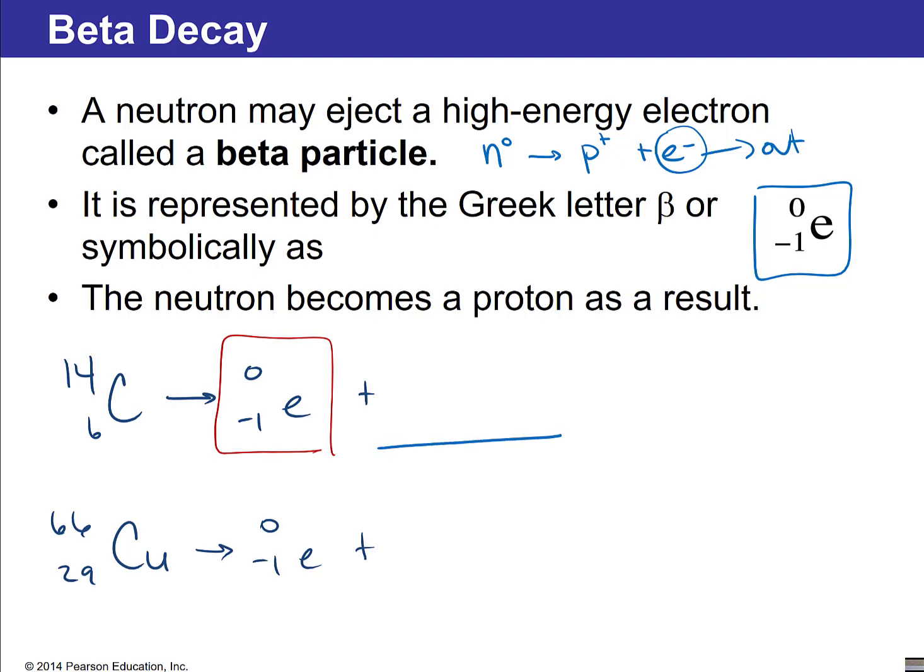So in this one, with beta decay, the atomic mass: a neutron has a mass of 1, and a proton has a mass of 1. So the mass has no change, so it stays the same. If we're looking at carbon-14, the mass would stay the same.